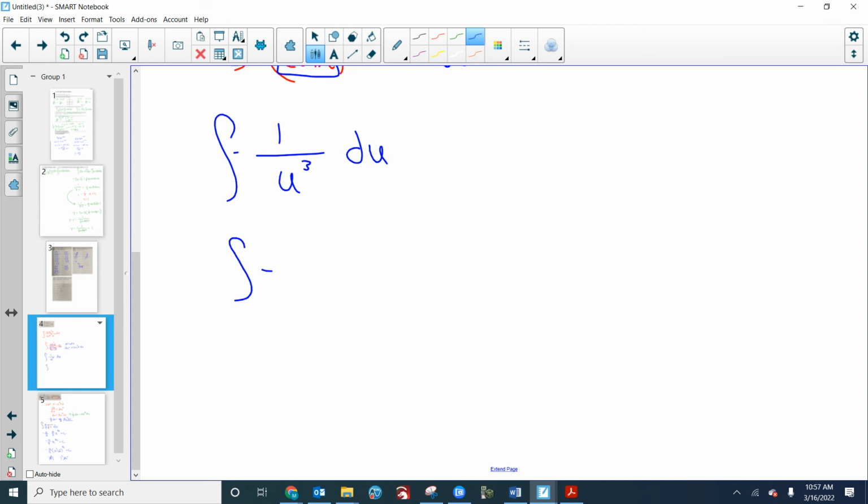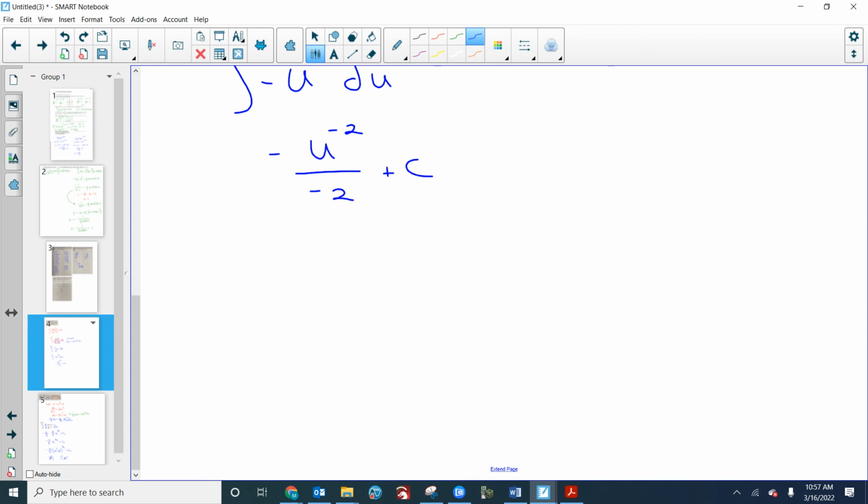So we have negative u to the negative 3. No antiderivatives have been done yet. Add 1 to the exponent. Be careful. When you add 1 to negative 3, you get negative 2 and divide by the new exponent. So we get negative u to the negative 2 over negative 2. So really, let's write it clean. What's it going to be?